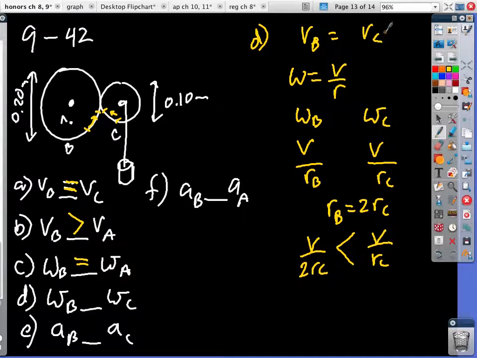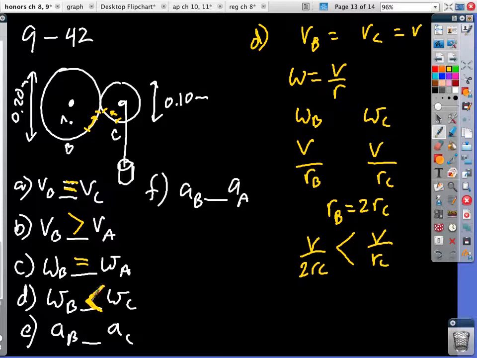VB is equal to VC, which is equal to V. So V over RB and V over RC are equal to those things. And then since RB is 2RC, when you plug in 2RC for this, we see that we're going to get omega C this way.